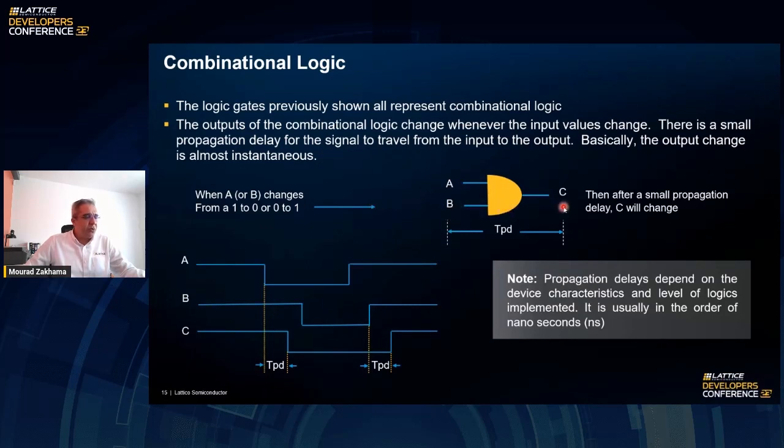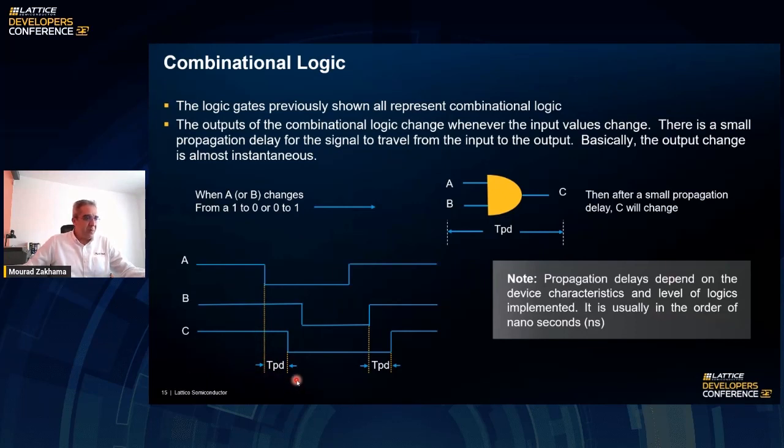The output will take a little bit of time to change. That's what we call the TPD, the propagation delay through the combinatorial logic. In this timing diagram, we have A and B, and we see that A changes to a low. We have an AND gate, so the output will change to a low here, but it will change a little bit after this delay, the TPD.